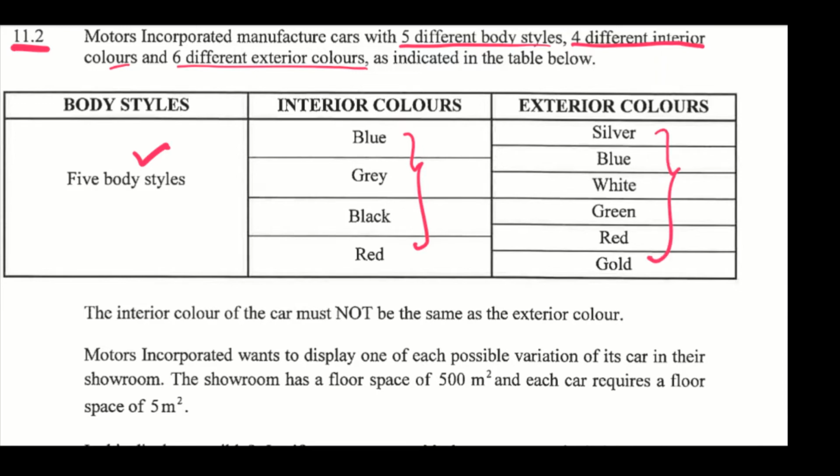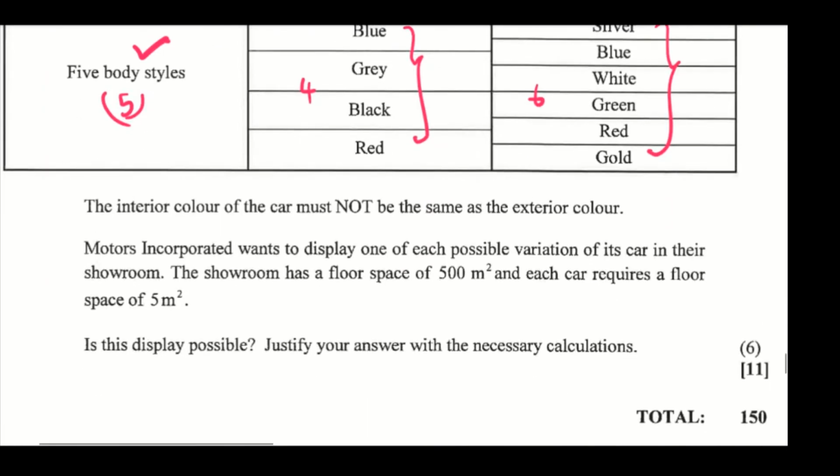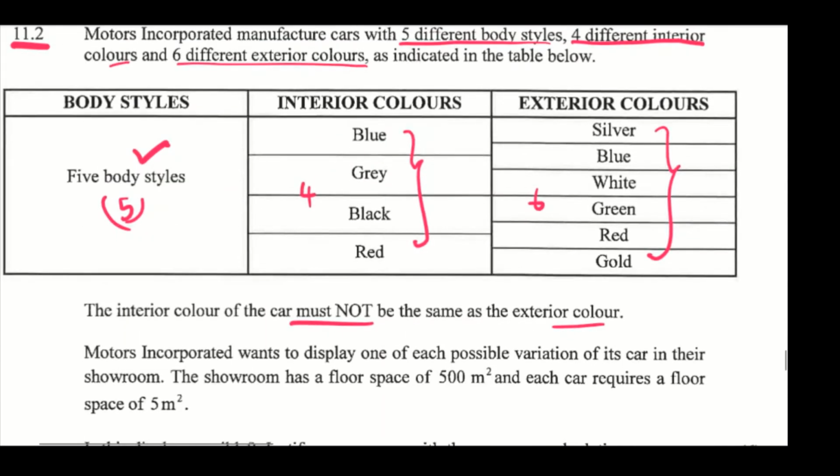So there are 5, here there are 4, and here there are 6 in total. The interior color of the car must not be the same as the exterior, so you can't have blue in the interior and also blue in the exterior. You need to choose another color.